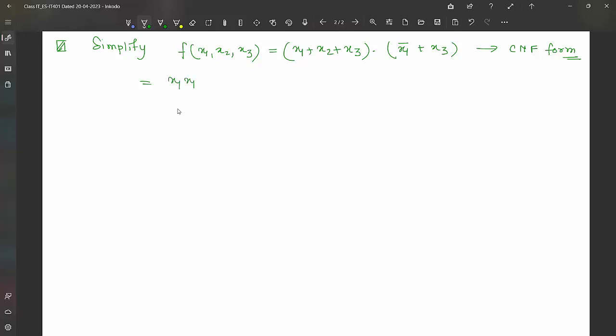Multiplying the whole expression by x1: x1 x1 bar, then x1 bar x2, then plus x1 bar x3. Then multiplying the whole by x3: x1 x3 plus x2 x3, plus x3 x3. Now use the Boolean algebra properties.